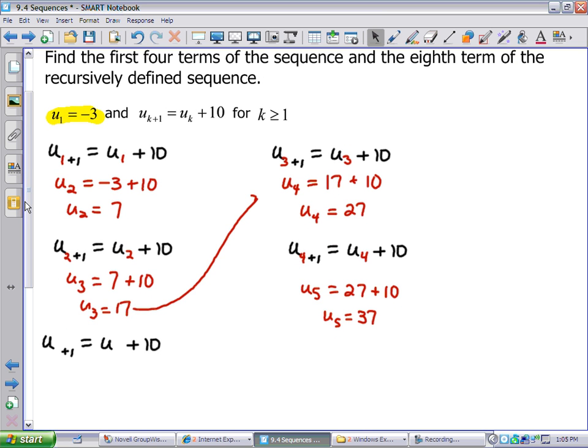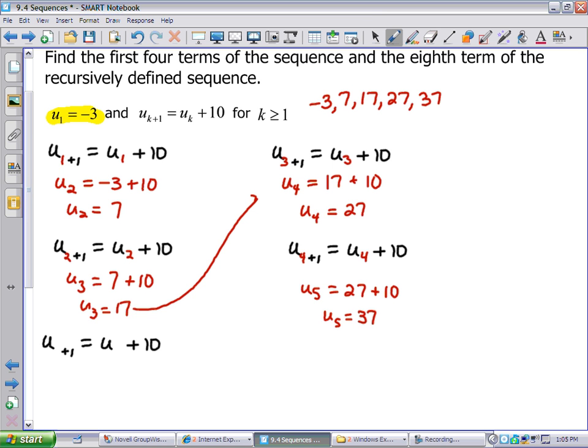If I was going to write this out as a sequence, the pattern says, here's my first term, that's negative 3. My second term was 7. My third term was 17. My fourth term was 27. My fifth term was 37.